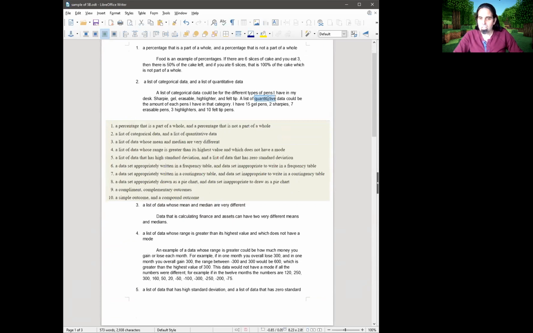To be quantitative, we need data where the categories are also numbers, like the number of times I can use each pen before it dries up. I'm not sure how to do it with pens. But something like test scores, where the numbers on the bottom of your chart, your bins, your categories, are also numbers.